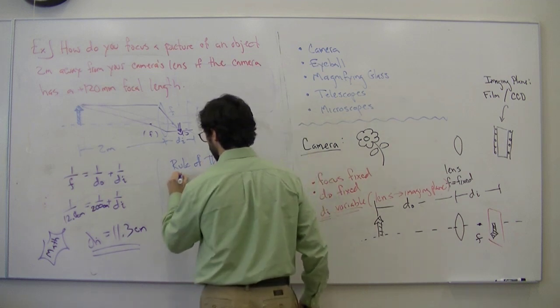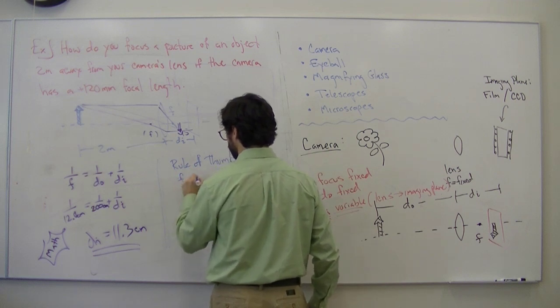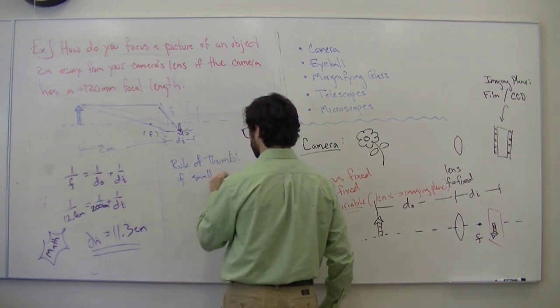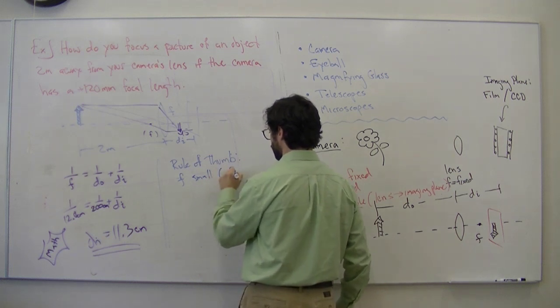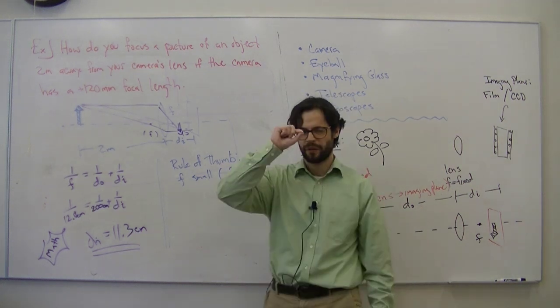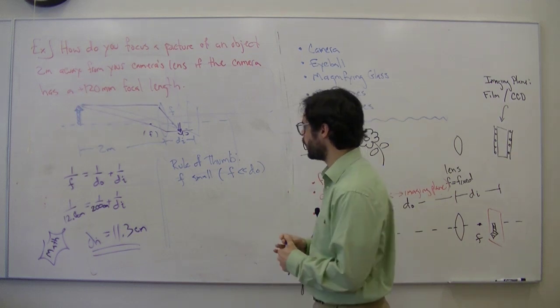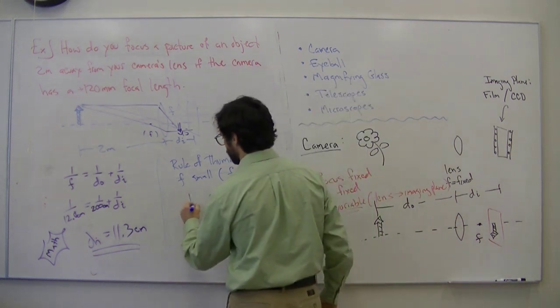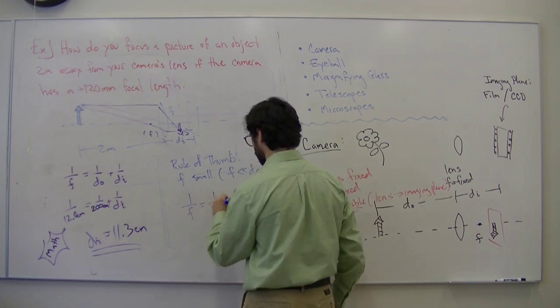Let's say that f is really, really small. And what that really means is f is much, much less than the object distance. So I've got a focal length that's this big, and I'm taking pictures of something that's pretty far away. So effectively what happens to this equation, 1 over f, 1 over d naught, 1 over di.